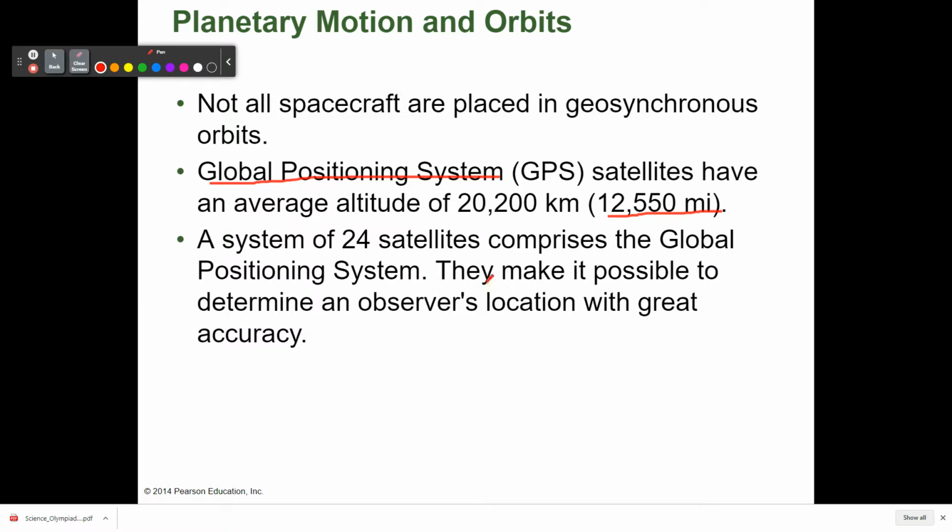They make it possible, of course, to know your location and where you are going or how to get there. And we know it with very good accuracy. That's because they're at a lower altitude, and there's 24 of them all working together. But that is not what we call a geosynchronous orbit.